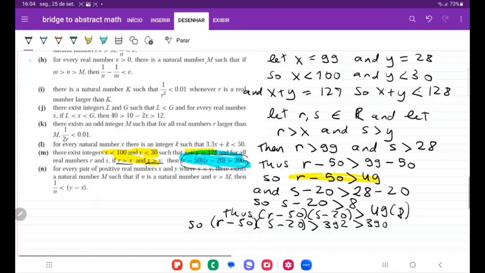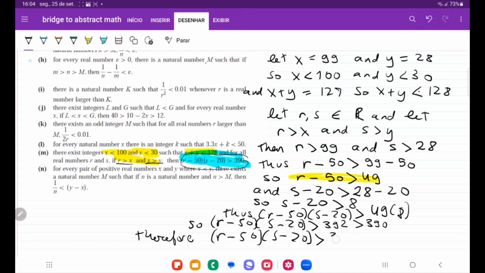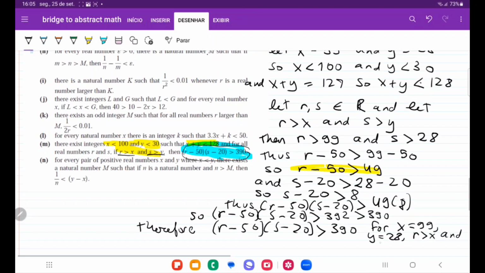And so our conclusion is going to be, therefore, r minus 50 times s minus 20 is greater than 390, for x equal to 99, y equal to 28, r greater than x, and s greater than y, and x plus y less than 128.